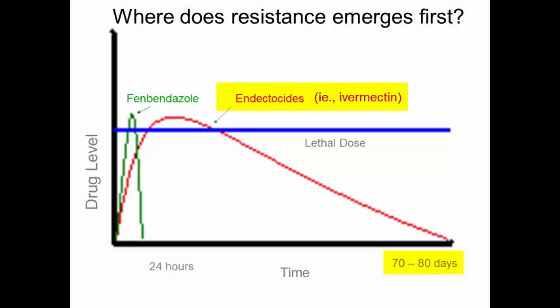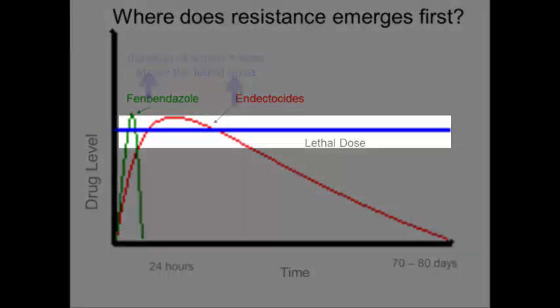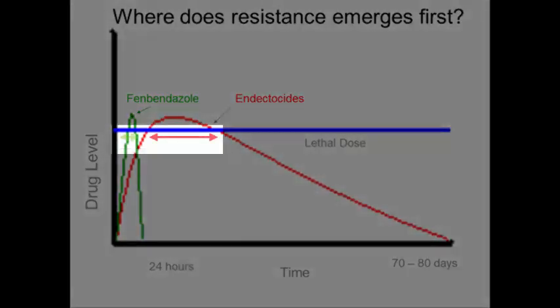In this graph, the duration of action that kills 100% of the parasites could be expressed by the time at which the concentration in plasma is above the lethal dose, which is expressed as a blue line, and is clearly much longer for the insecticide than it is for fenbendazole.